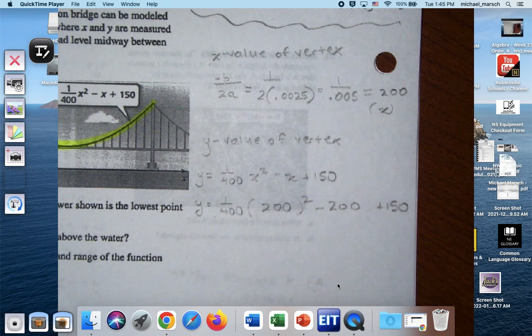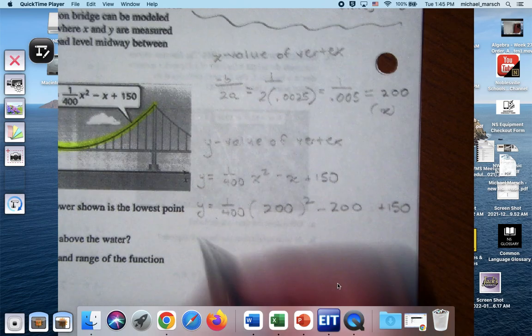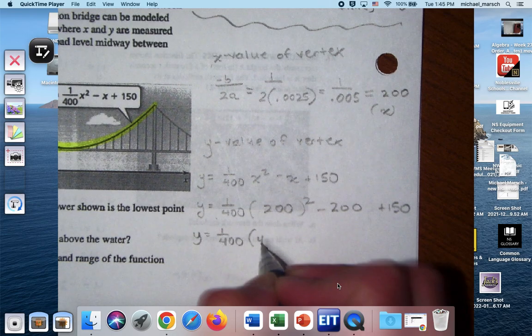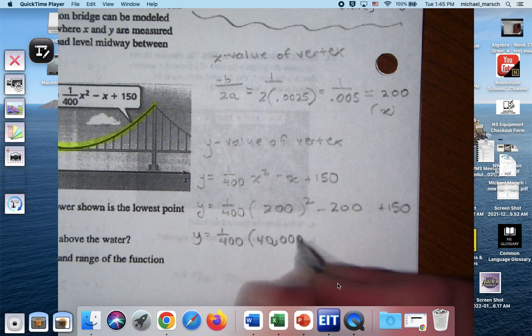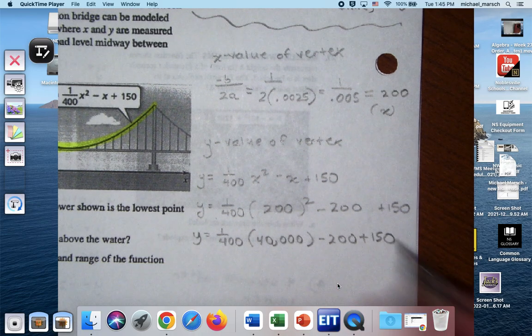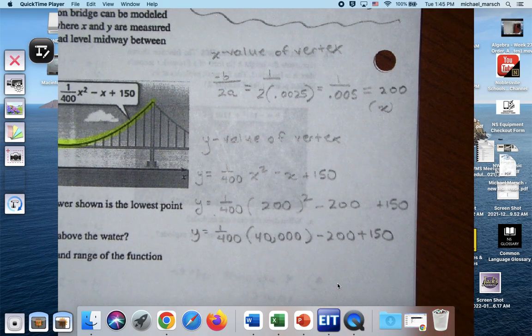So what's the first thing I have to do here? Square 200. What is 200 squared? Yep. So then in my calculator, I'm going to do 0.0025 times 40,000 minus 200 plus 150.